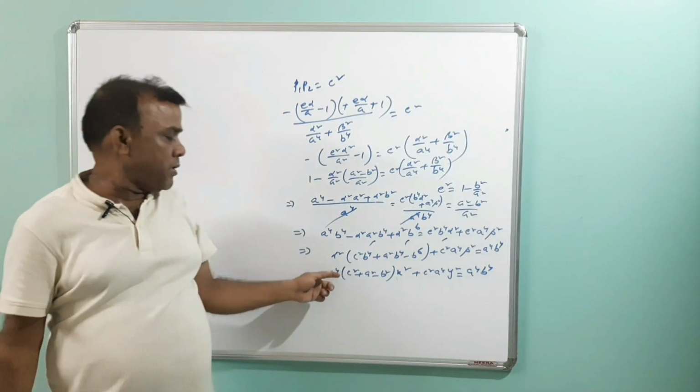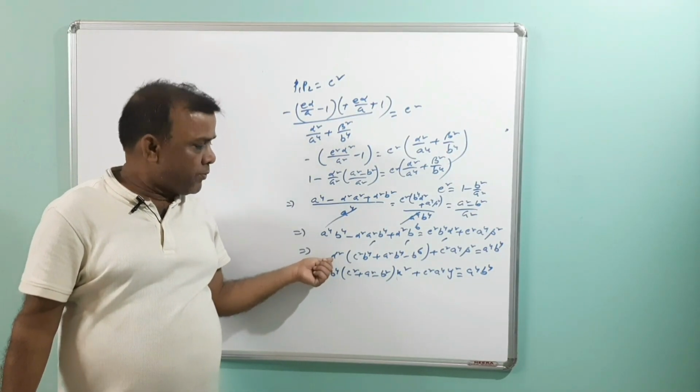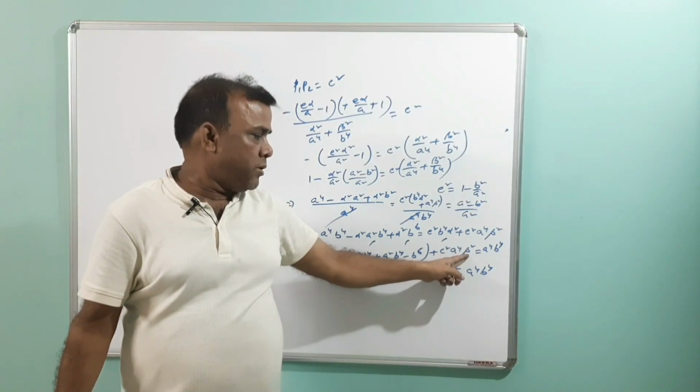Locus of alpha beta, we have to put x instead of alpha and y instead of beta.